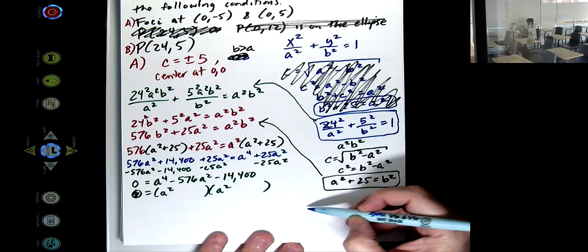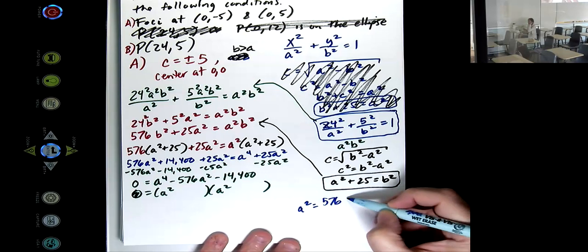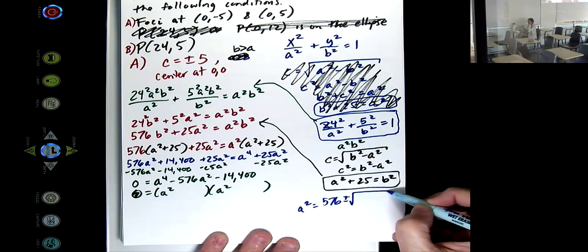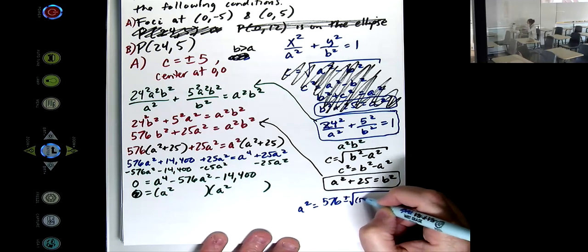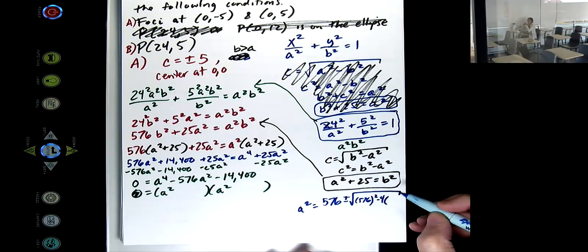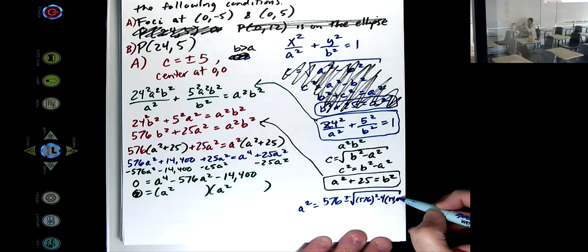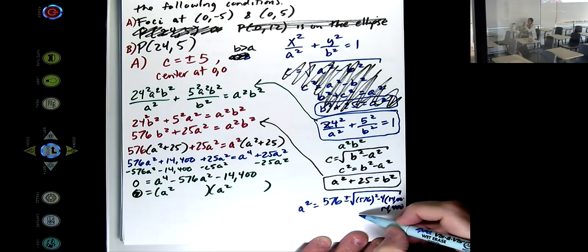So a squared equals negative b, which is 576, plus or minus b squared, which is 576 squared, minus 4 times 14,400, all over 2.